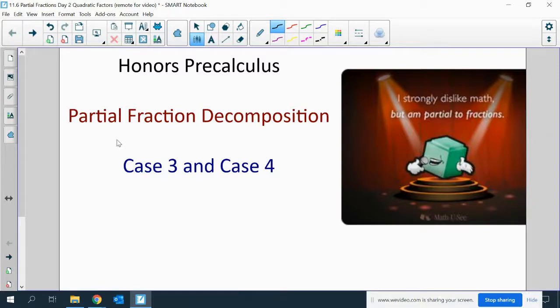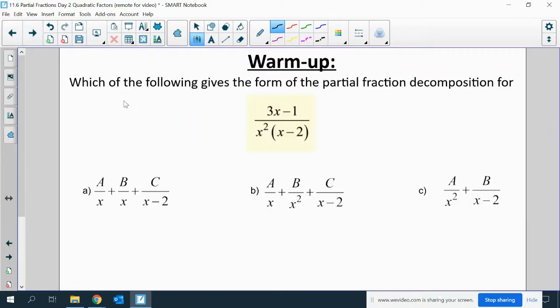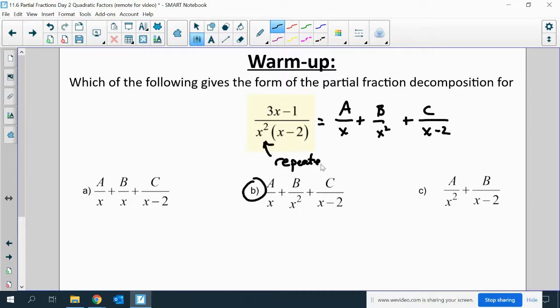We're going to talk about the third and fourth types of partial fraction decomposition today. First, to warm up, let's remind ourselves of what we learned last time: (3x minus 1) over x squared times (x minus 2). What we would do with a problem like this is write A over x plus B over x squared plus C over x minus 2, because we have a repeated linear term and a non-repeated linear term.